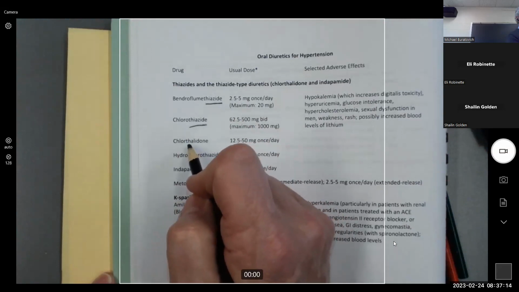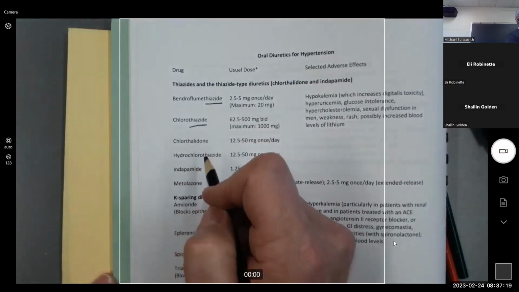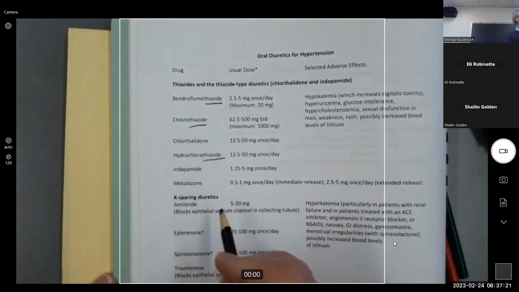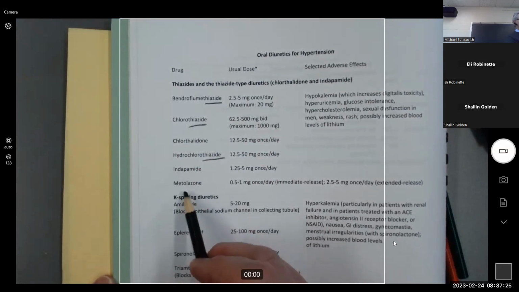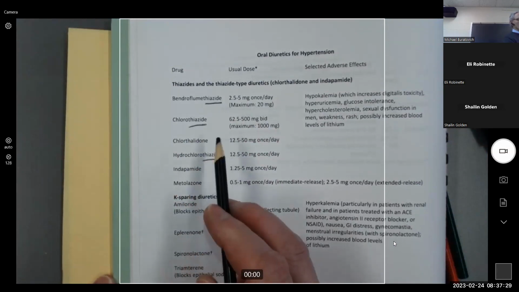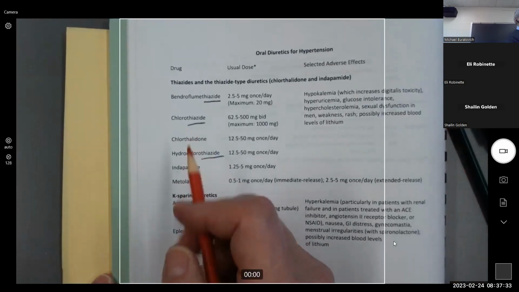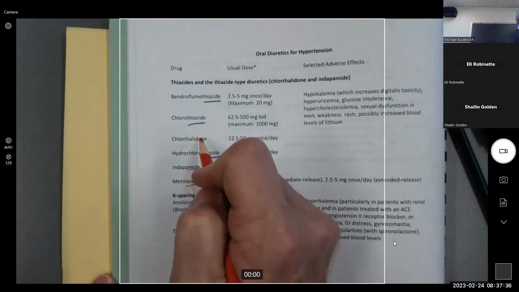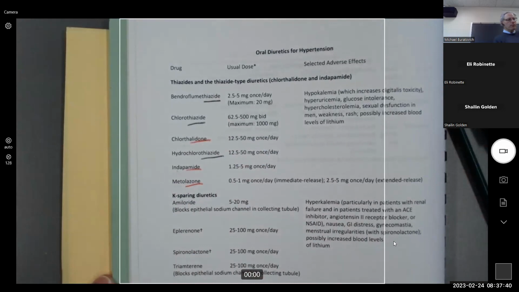So that's the exception, thalidone rather than thiazide. Hydrochlorothiazide, indapamide, metolazone. So these are the exceptions here. So let's put those in a different color. But these others have thiazide in their name.